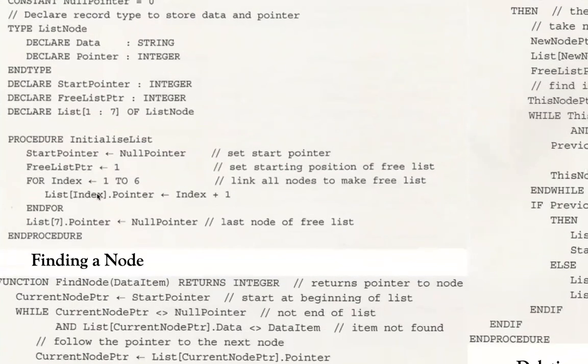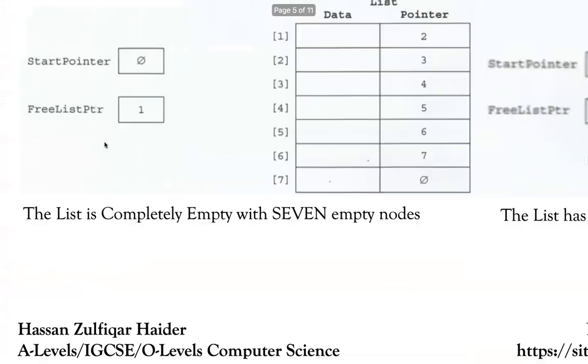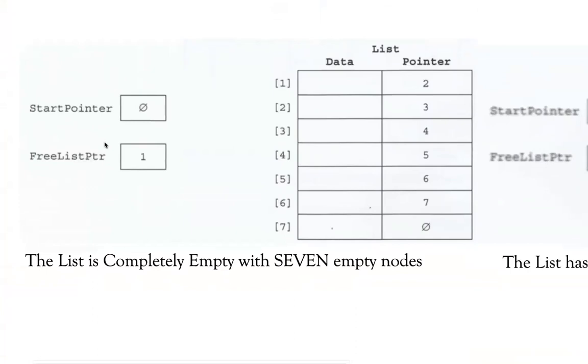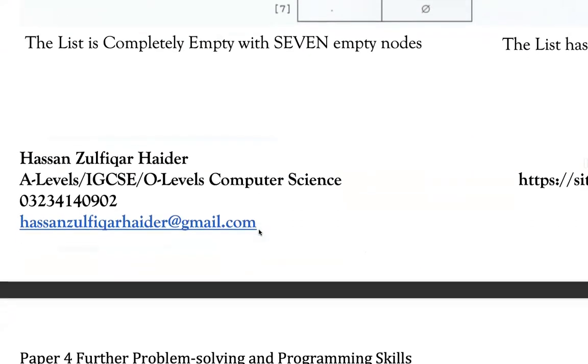Now, how do we initialize? How would this procedure work for initializing? Basically, in simple terms, initializing a linked list means to bring it to the state in which there is no data, but I'm just creating that free list with all the nodes, and each node is connected to the next available free node, and the last node will have null in it, and so forth.